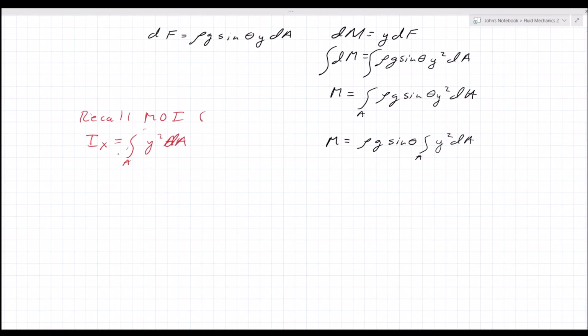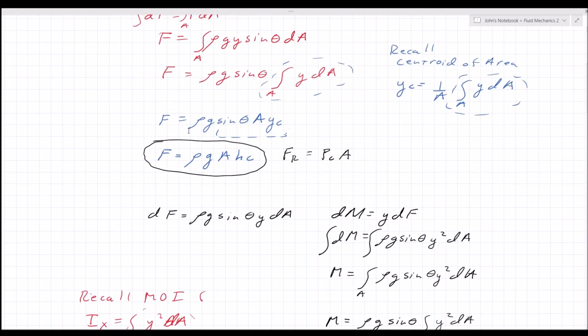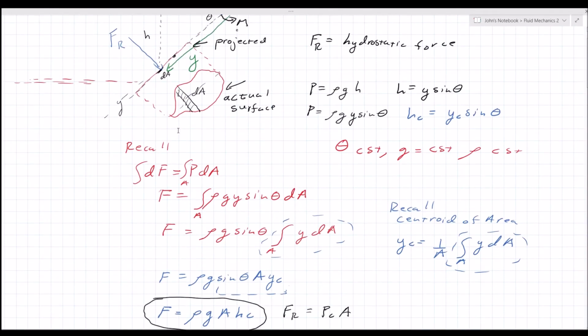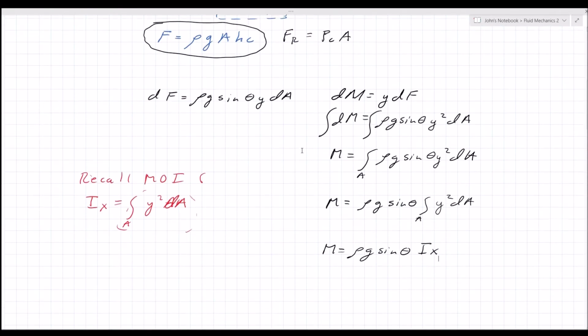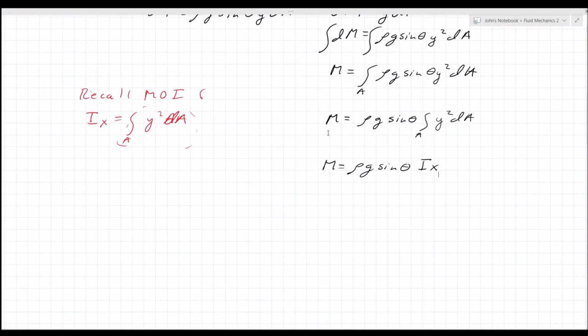Well, isn't this familiar? You're going to get that a lot in this video, by the way. So therefore, my moment is equal to rho g sine of theta I sub x, or moment of inertia about the x-axis. So there we go. Now I know the moment caused by this hydrostatic force on the plane. But remember, I want to know, where is this force located?